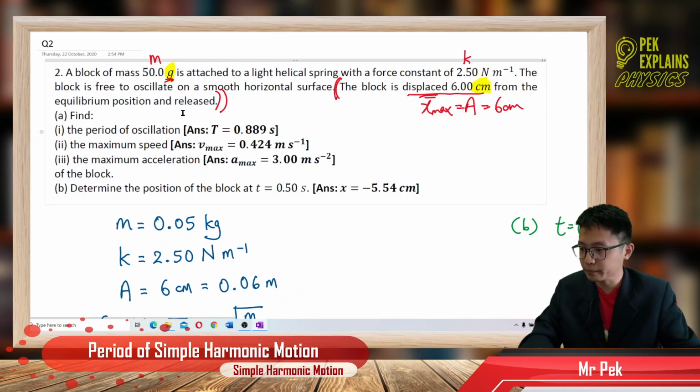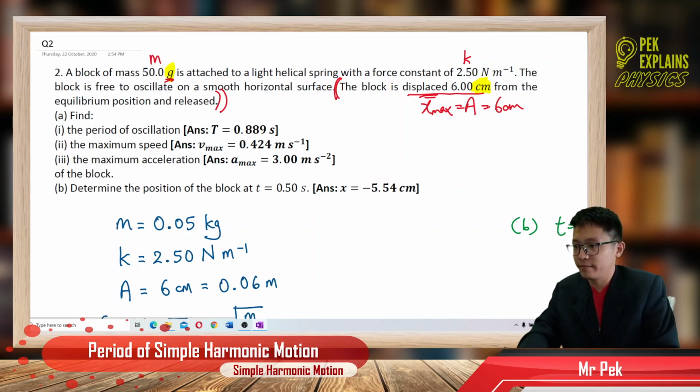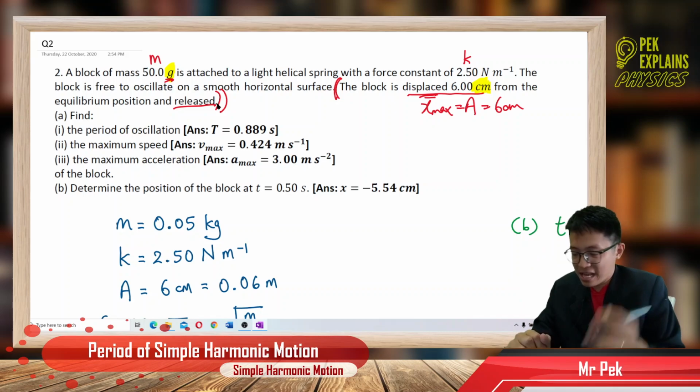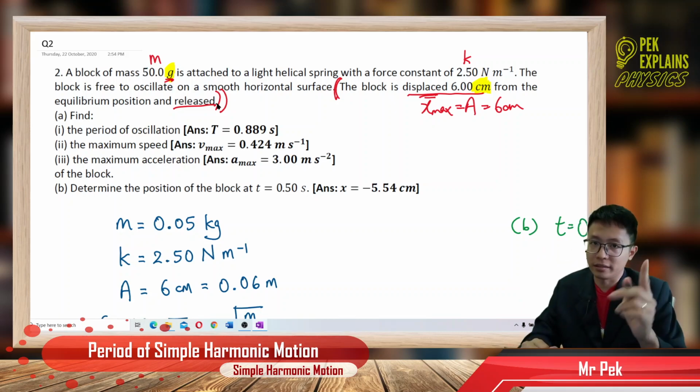Be careful. Another thing to take note is, it displaces from the equilibrium position and release. Release means once you release, the time starts, because the system starts to oscillate, isn't it?